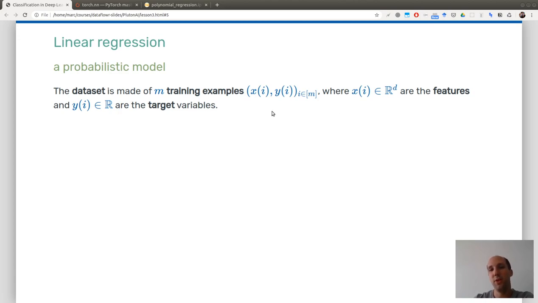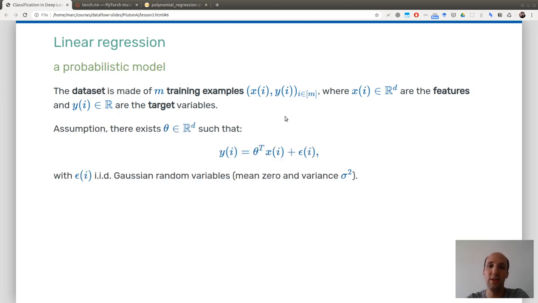So a training example in a supervised setting is a set of couples of features, the x, and target, the y. So here everything is real valued, but the x will be of any dimension, whereas the target is just a real number.